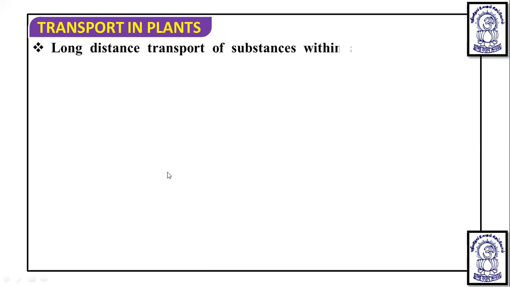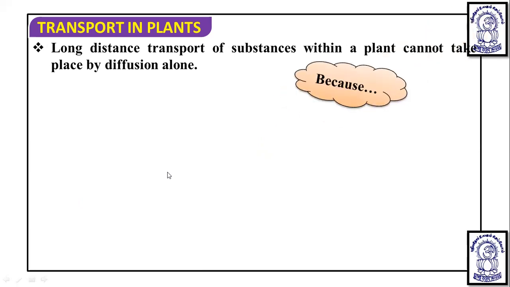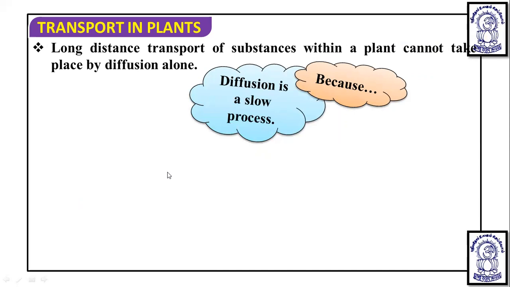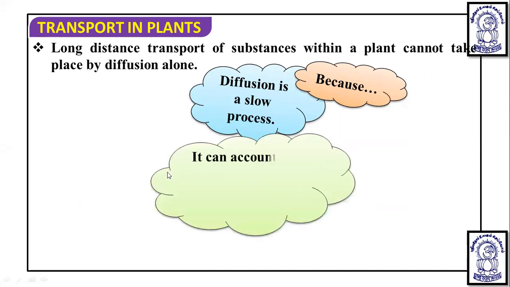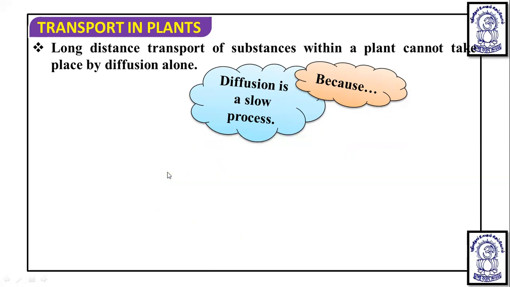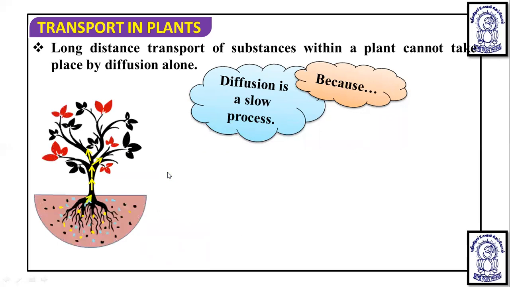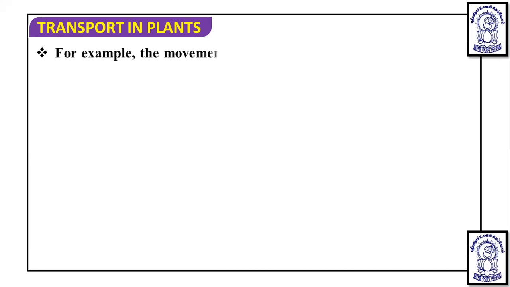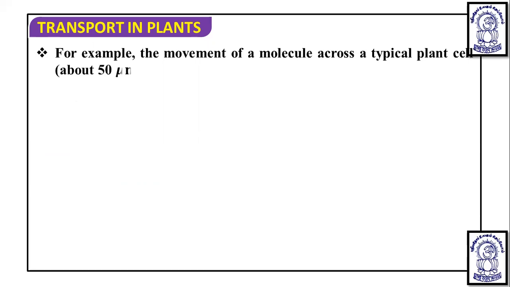Now, long distance transport of a substance within a plant cannot take place by diffusion alone. Diffusion occurs within a cell or from one cell to another. Long distance transport cannot occur by it because diffusion is a slow process and it cannot transport substances from one plant organ to another, as diffusion accounts for only short distance movement of molecules. So to carry out transport of water from root to the aerial organs, there is a need for a vascular bundle.